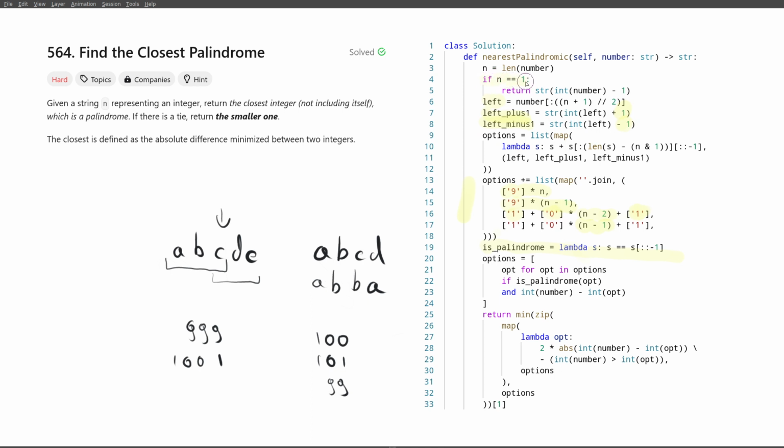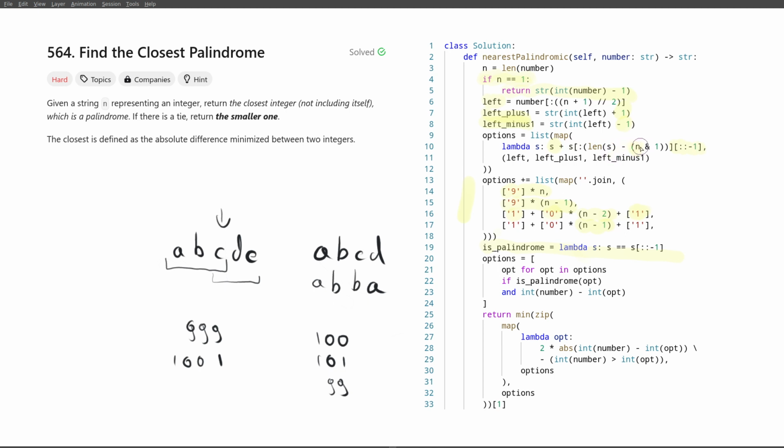There's also here an if statement if our number only consists of a single digit. I'm not sure if it's necessary for the logic, but here we use the length of the number minus 2. So to make sure that the number is not a single digit, the easiest way is just to have an if here and not an if here, which will interfere more with the logic of the problem. And of course, those first basic options are generated by taking the number plus the number reversed.